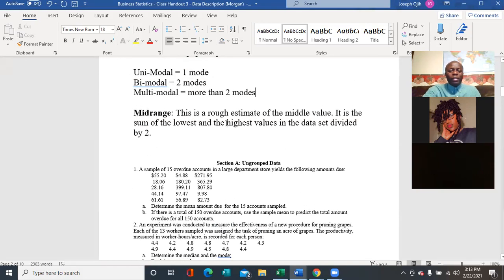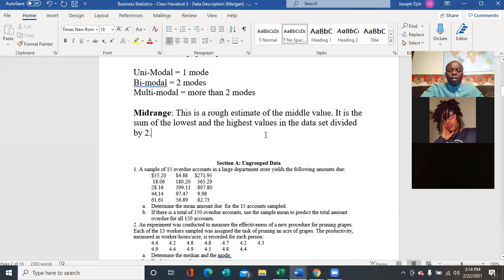Okay, before I do that, we also need the mid-range. This is the rough estimate of the middle value. Usually you get the mid-range by adding the largest value and the smallest value, and dividing the result by 2. That will give us the mid-range. So almost similar to the way we interpret the median.